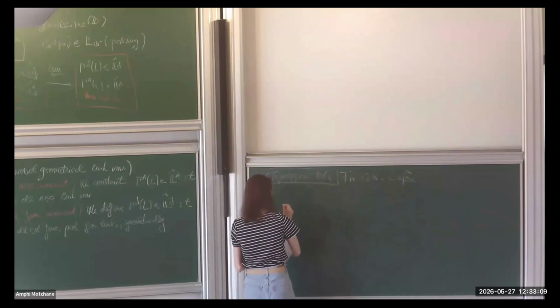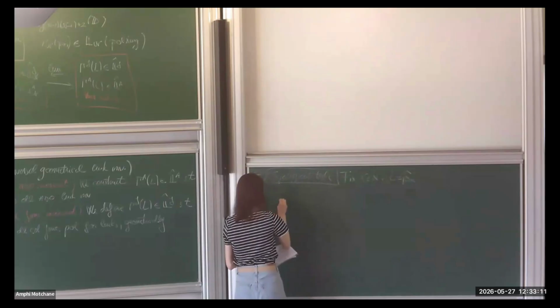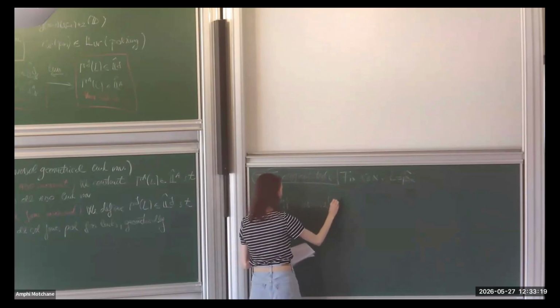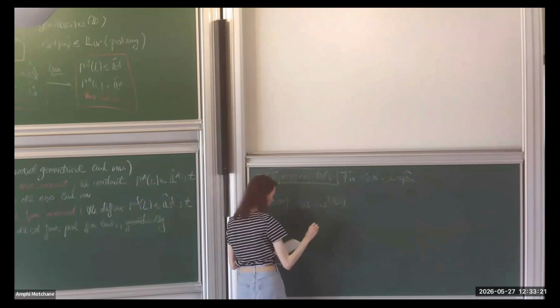And as I mentioned, we will use the configuration space of (n minus 1) times (N minus 1) points, plus 2, in the punctured disk.